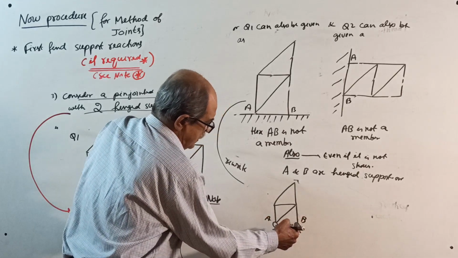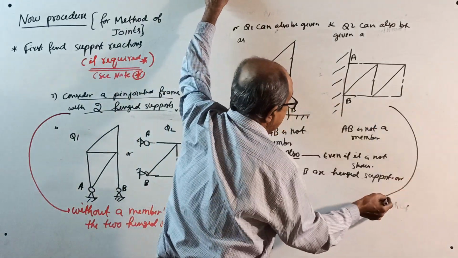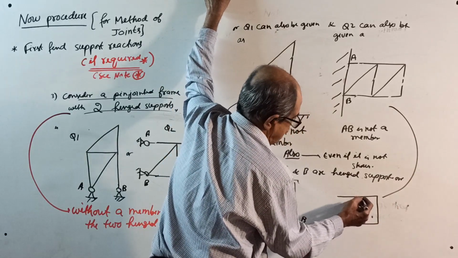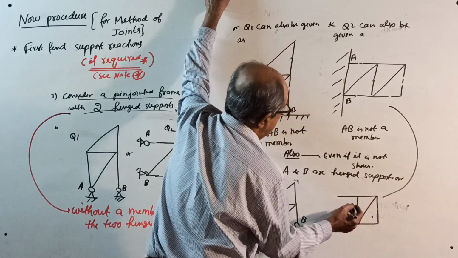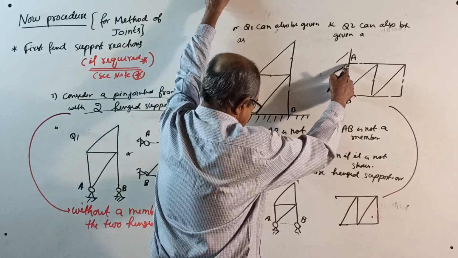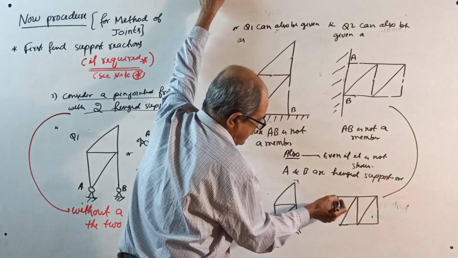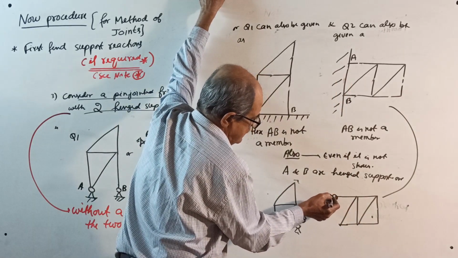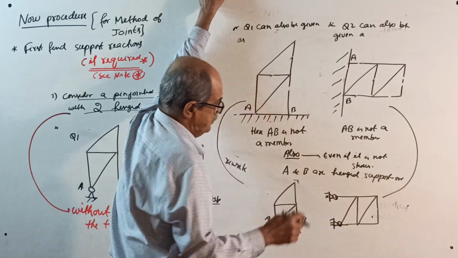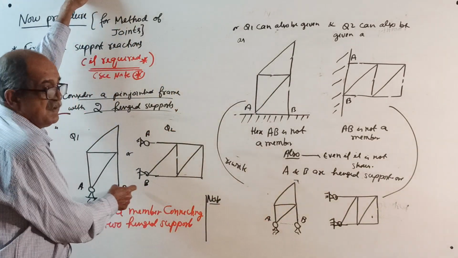There is no member connecting AB. Here, you can rewrite this as, see here, or you can do it this way. This way you can rewrite it. Now it becomes once again the same as this case.